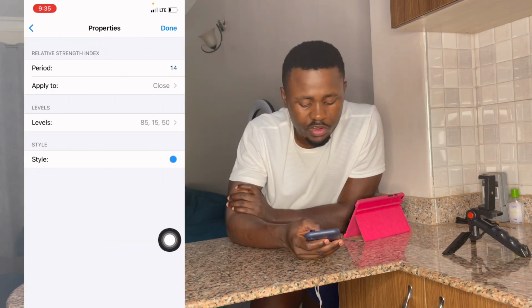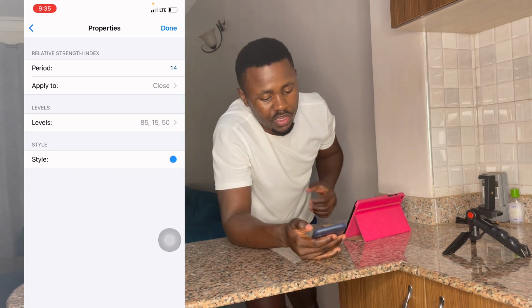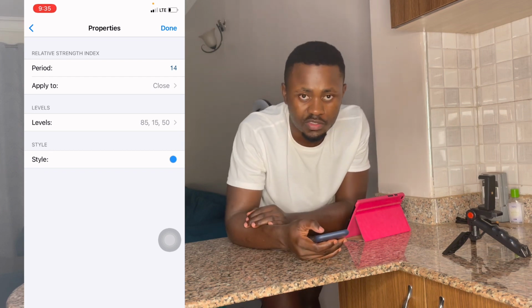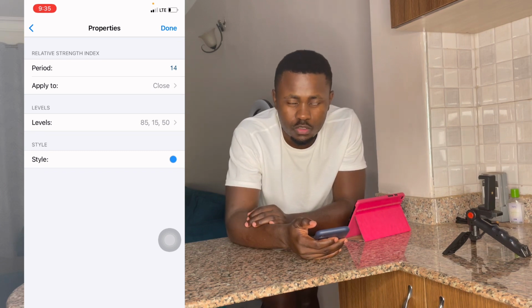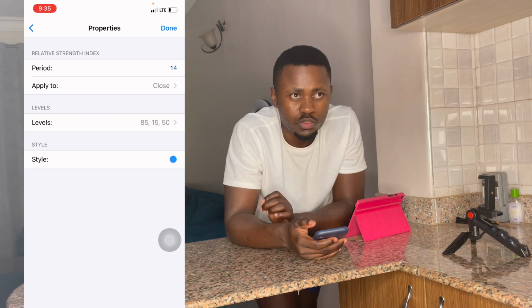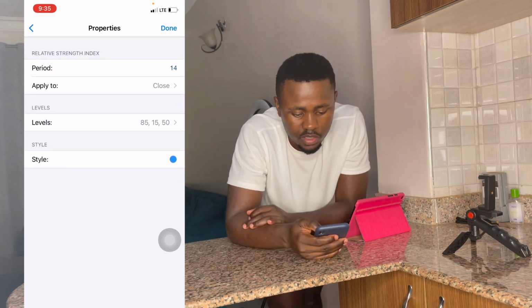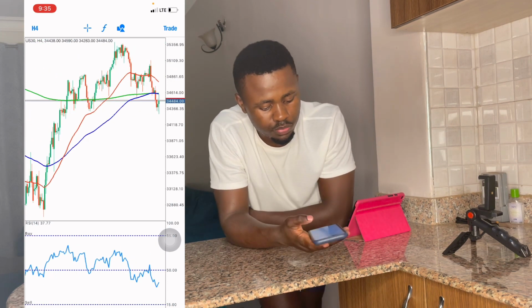RSI in full is Relative Strength Index. These are not the default settings. The default settings are 70, 30, and in the middle 50, but these are mine: 85, 15, and 50. So I'll just press done.